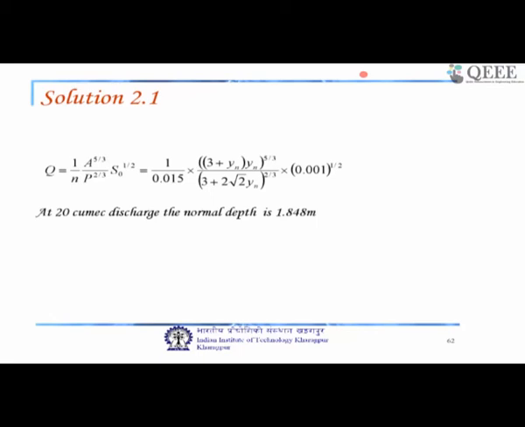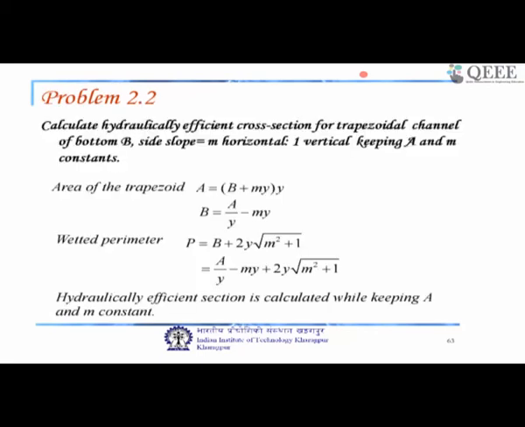Although the n value is constant for the channel, you can vary the discharge and S naught, or slope of the canal. At 20 cubic meters per second discharge, the normal depth is 1.848 meters.